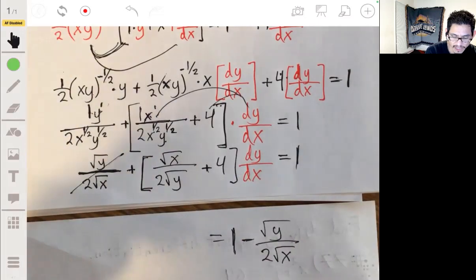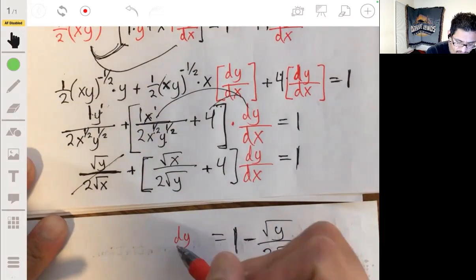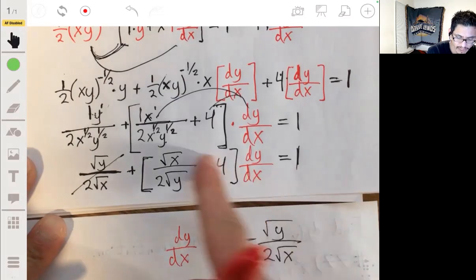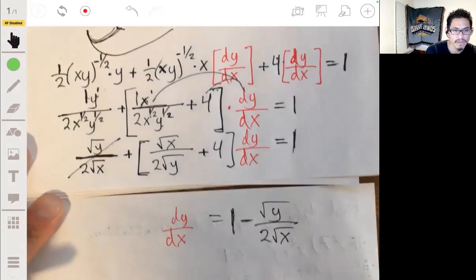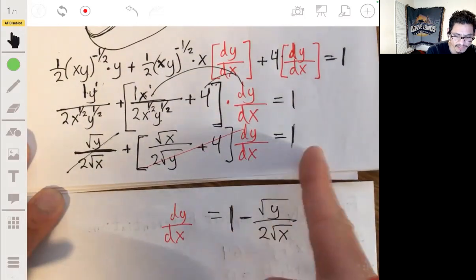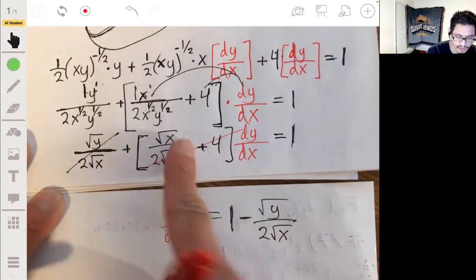And then we'll have dy dx times that. So then we just divide this side by this group.